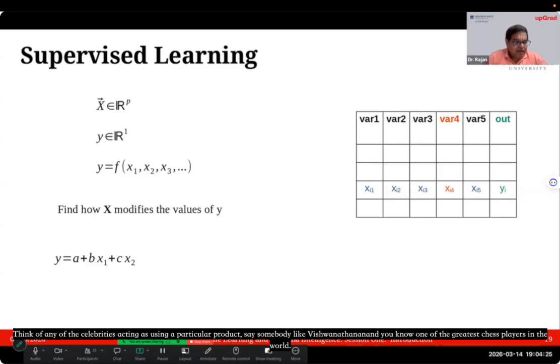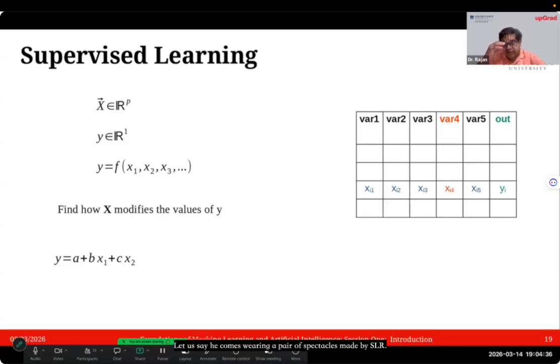Say somebody like Vishwanathan Anand, one of the greatest chess players in the world. Let's say he comes wearing a pair of spectacles made by SLR. So Vishwanathan Anand is a model.